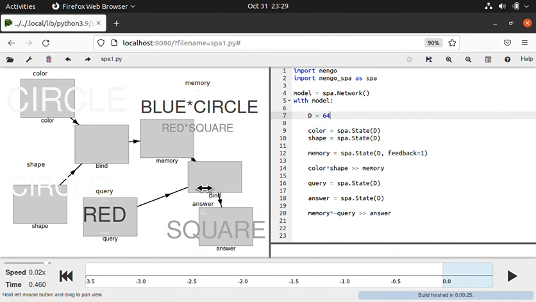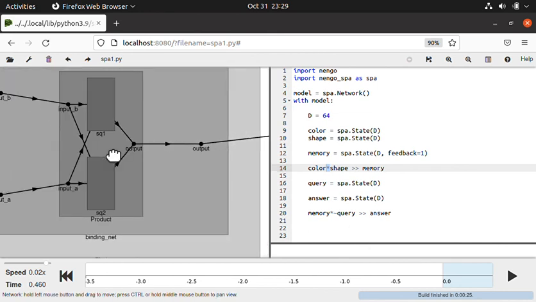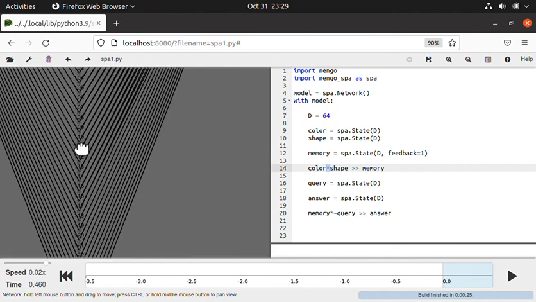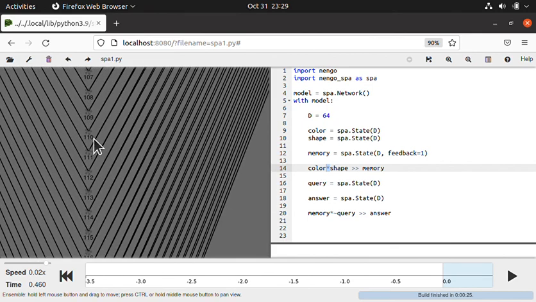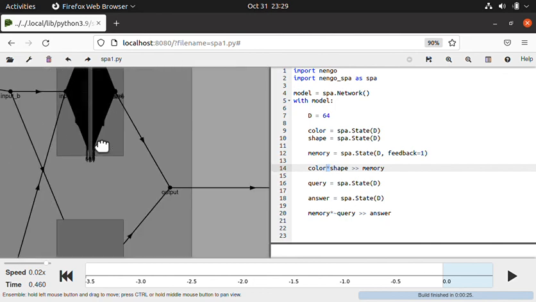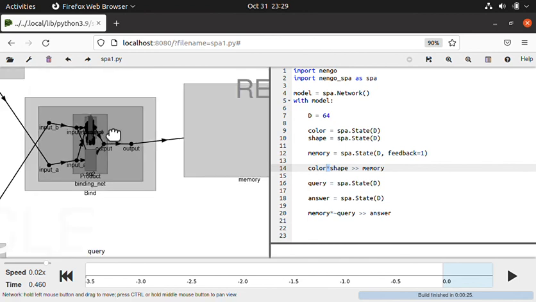So there's nothing particularly interesting going on with these state components. These things that are implementing the binding operation, the things that are being implemented because of that star, they're a little interesting, exactly what's going on in there. It is just a whole bunch of ensembles that are doing each of those pairwise multiplications, although done in an interestingly efficient manner.